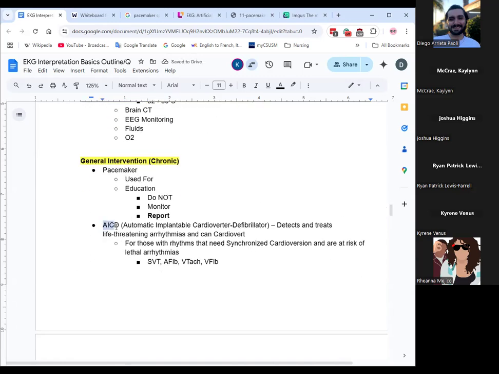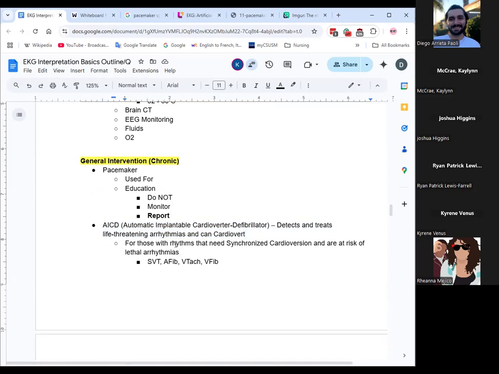Pacemaker versus AICD. Going over the AICD first, that's an automatic implantable cardioverter defibrillator. It can do synchronized cardioversion, detect a shockable rhythm, and also defibrillate.